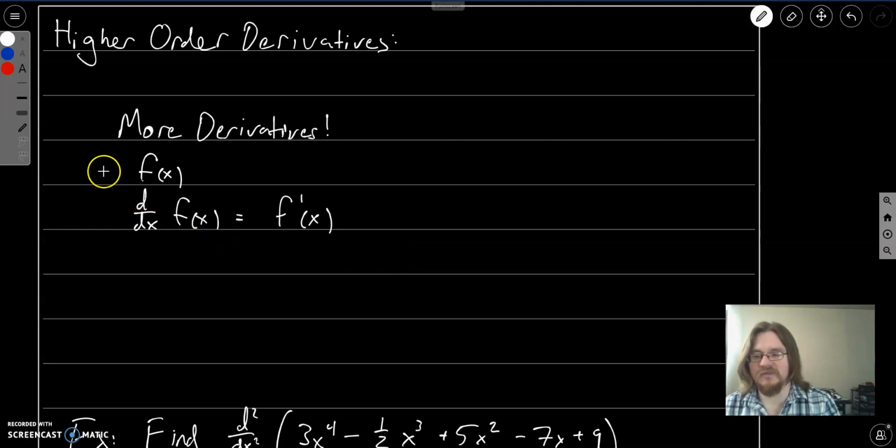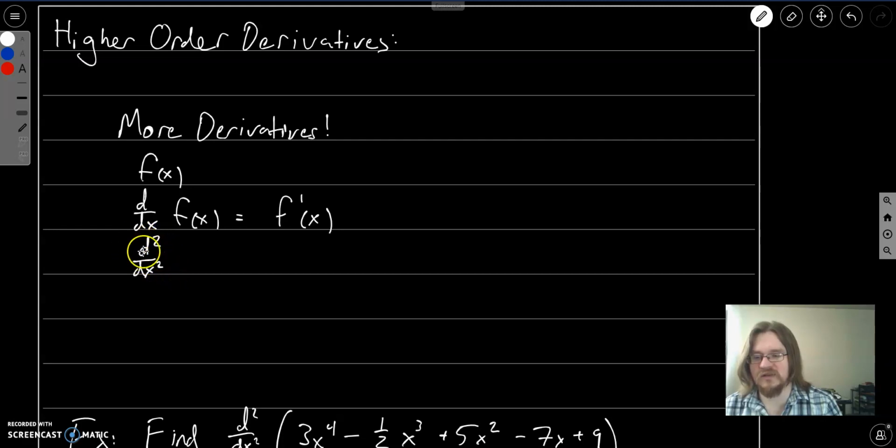So when we think of a function f of x, we can take its derivative and we write d by dx of f of x. We can also write this as f prime of x, the prime meaning we've taken a derivative. To say that we'll take the second derivative, there's a couple of ways to denote this.